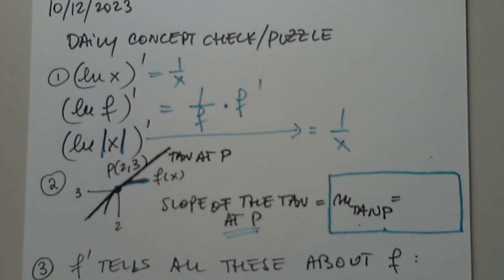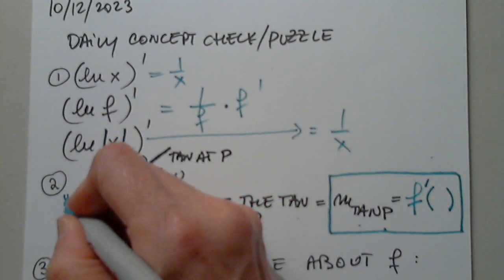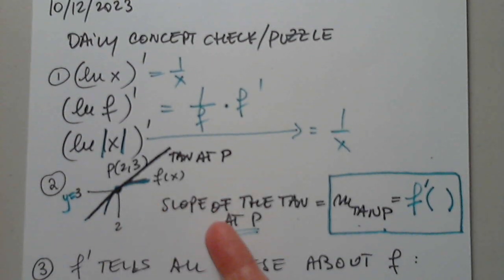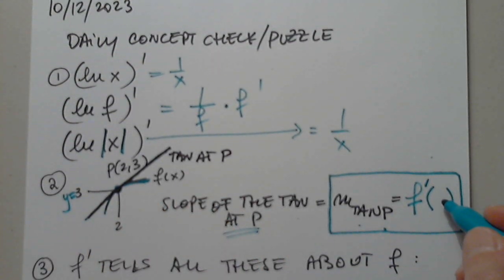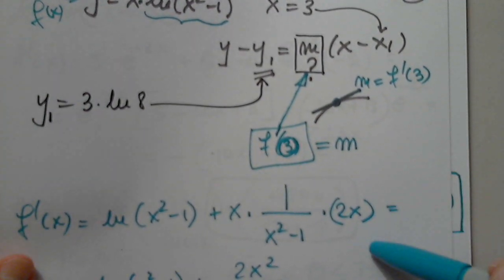The derivative, yes, the derivative of the function at 3. 3 is the y value. We cannot evaluate at a y value. 2. Exactly.